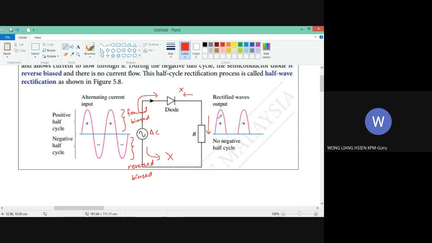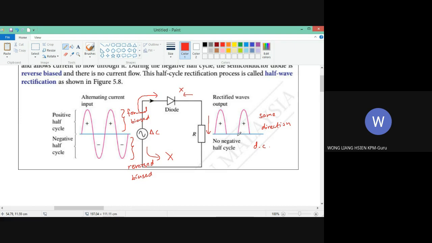However, although it is like this, the load receives current, no current, current, no current, but the current that passes through is still in the same direction, right? So we still call this a direct current.